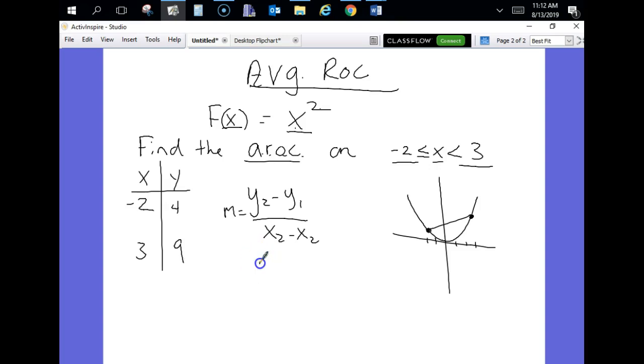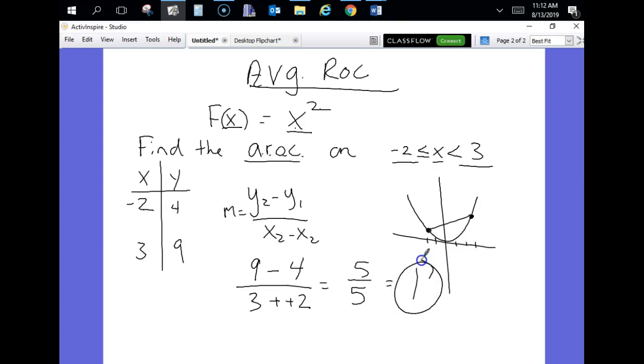I can do y2, which is 9, minus y1, which is 4, all over x2, which is 3, minus x1, which is -2. That would be my average rate of change, which is the slope of my secant line connecting the 2 points that have x values -2 and 3.